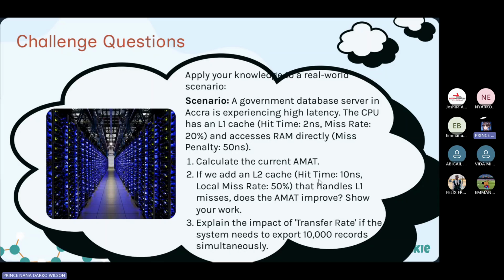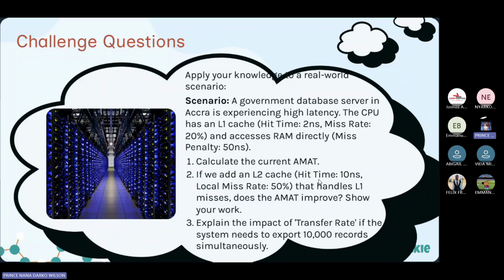So the level 2 access time is 10 plus 0.5 times the penalty to the RAM, which is 50. 0.5 times 50 gives us 25.